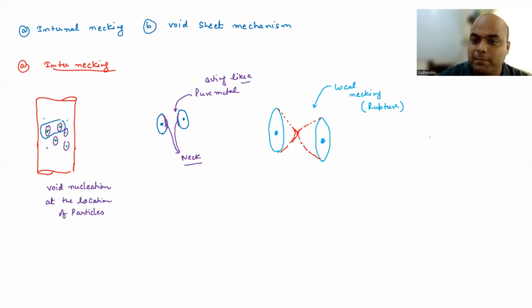If you remember, during tensile loading of a pure metal, it was like this. So I'm doing the same thing. This region here at the center is acting like a pure metal, so I'm just making it two lines like rupture.